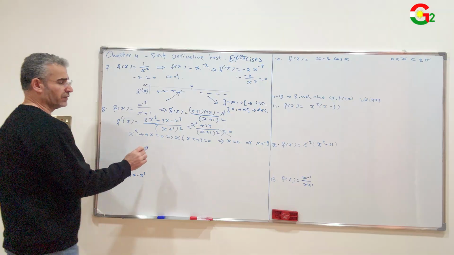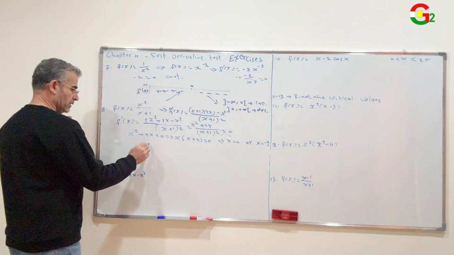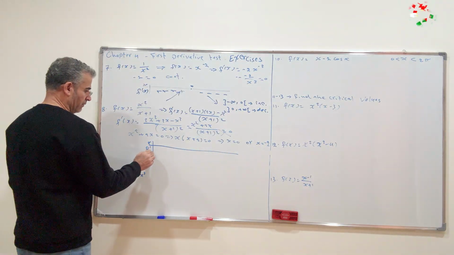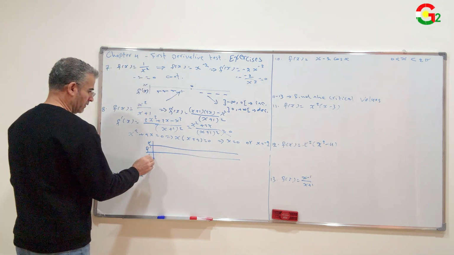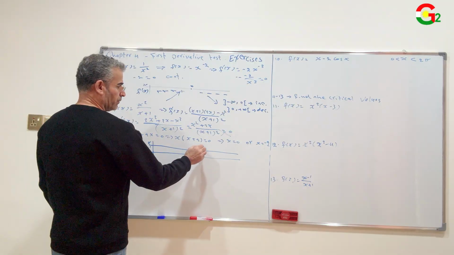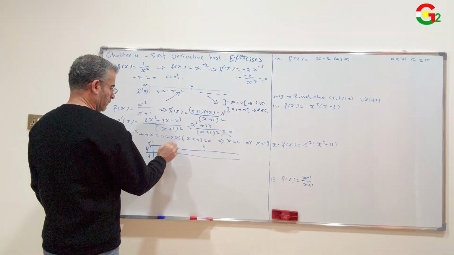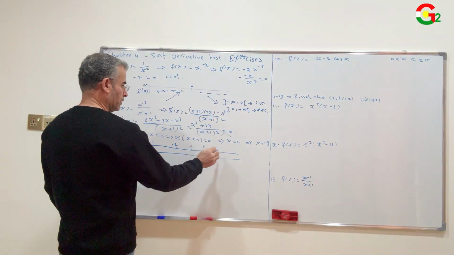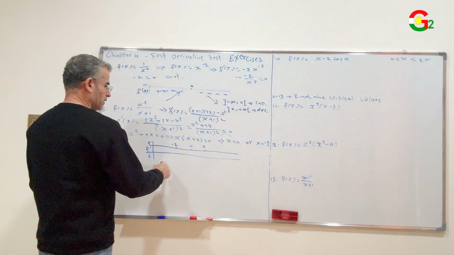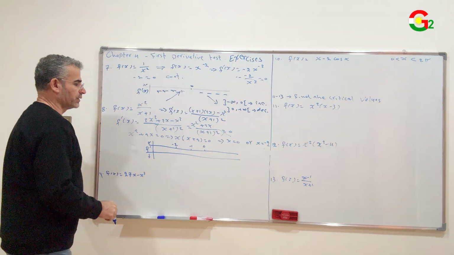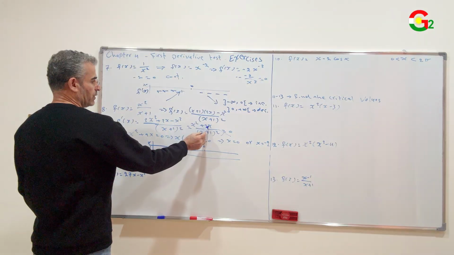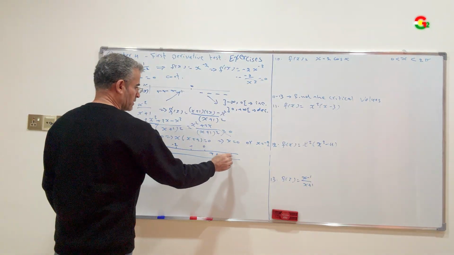To find the interval of increasing and decreasing, set x, f prime of x, and f in the table. These are the values of the critical points, 0 and negative 2, and this is negative 1. Find the value of the derivative between these critical points. When x is greater than 0, 1 plus 2, 3 over a positive value, it is positive.